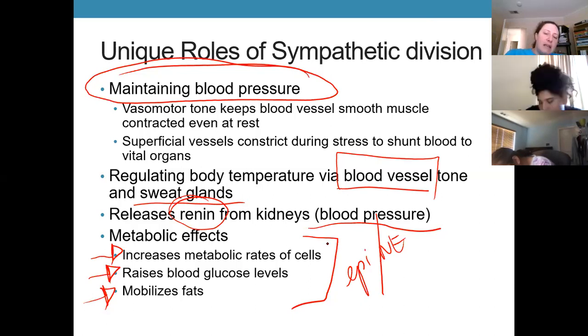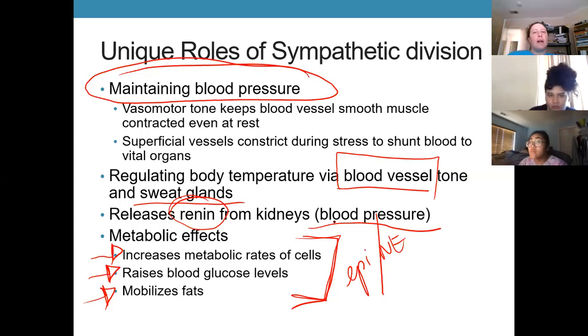And so these things, along with the other actions of the sympathetic nervous system, are going to help ensure that that's the case. So these are things that aren't countered by the parasympathetic division. It's just that when there's more sympathetic tone, we get more of this, and when there's less sympathetic tone, it kind of dials it back, if that makes sense. It's more of an on-off switch, like how we control skeletal muscle.